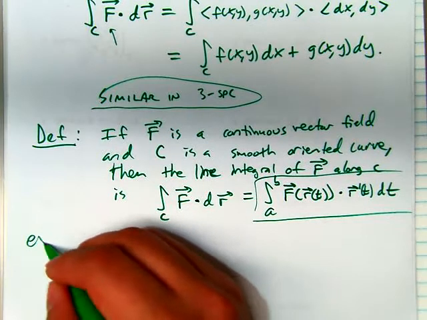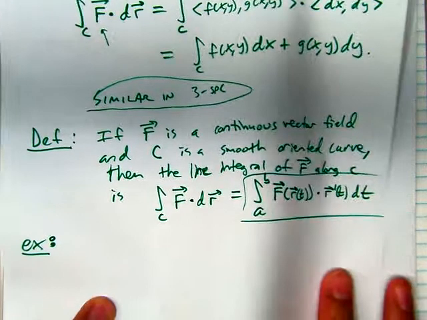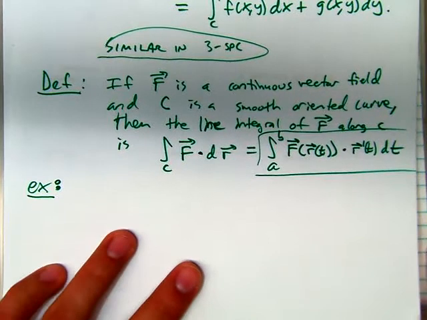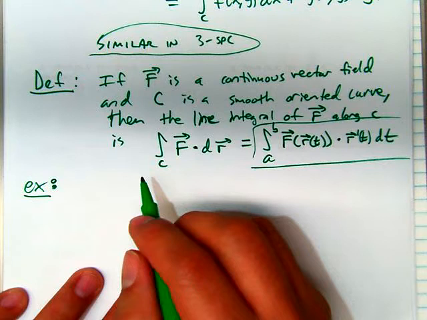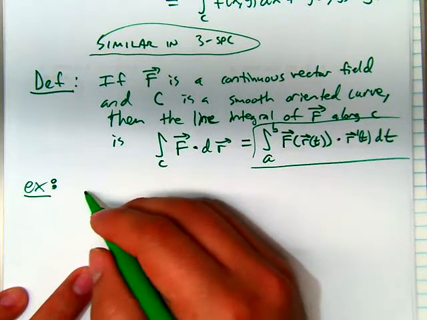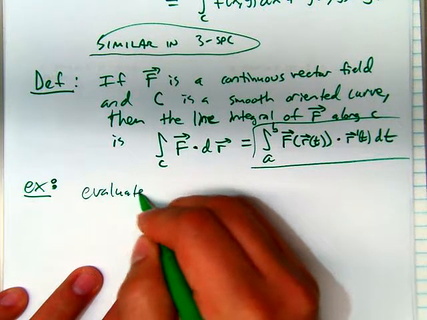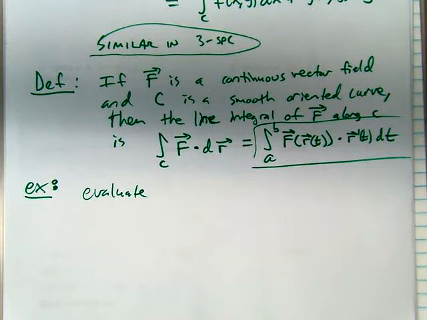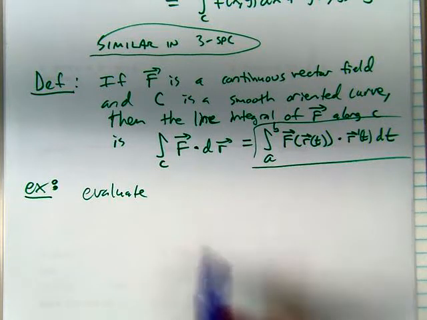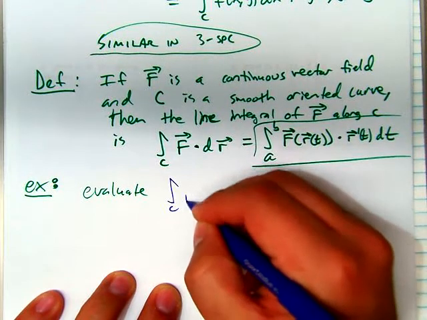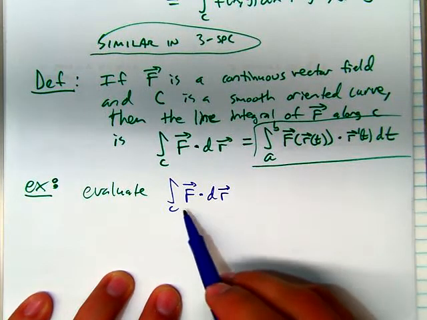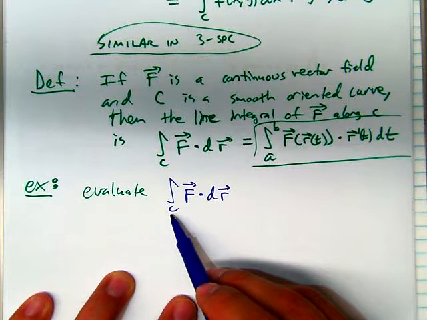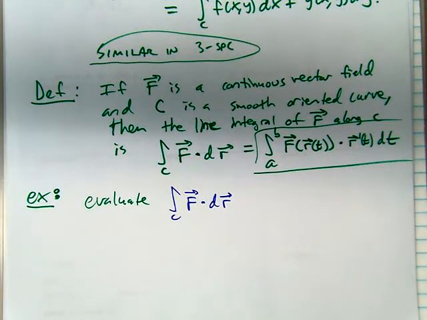Okay, so here's a quick example. I'll get to the meaning of what these are and all that stuff in a little bit. I know some of you are probably wondering. Okay, so let's say we want to figure out the line integral of F dot dr, or the line integral of F along a path C, which I'll specify in a sec.